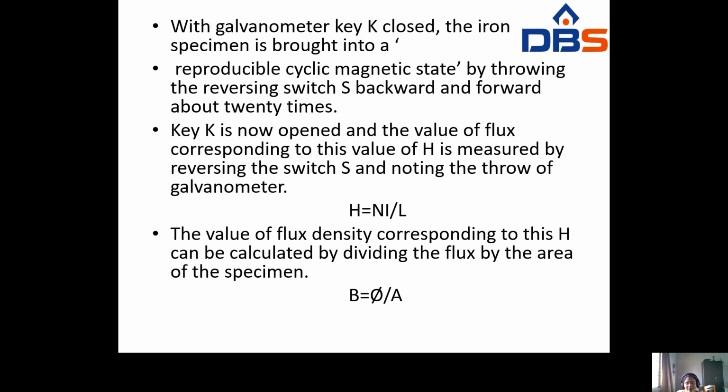Next, K is now opened, and the value of flux corresponding to this value of H is measured by the reversing switch S and noting the throw of the galvanometer. So after forward and backward 20 times, you open that key, that is the switch. Then you find the value of flux corresponding to the value of H. The search coil deflection tells how much flux is produced, that is the magnetic flux density value.